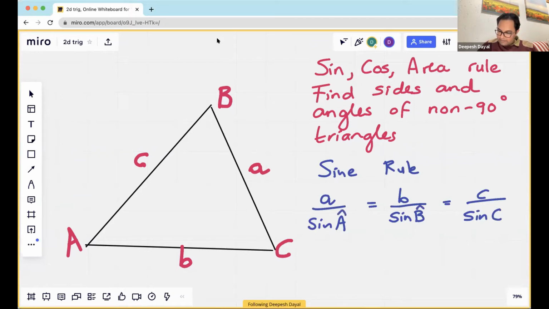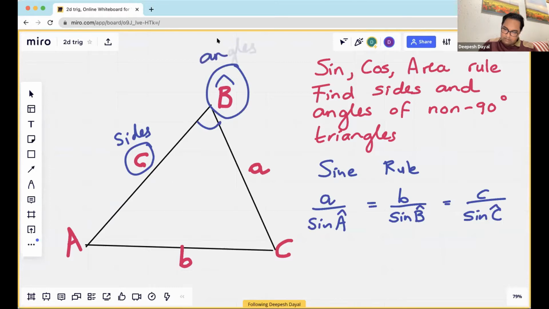The top ones are sides, right? And here, these are angles. Okay, so that's the sine rule. a over sine A equals b over sine B equals c over sine C.